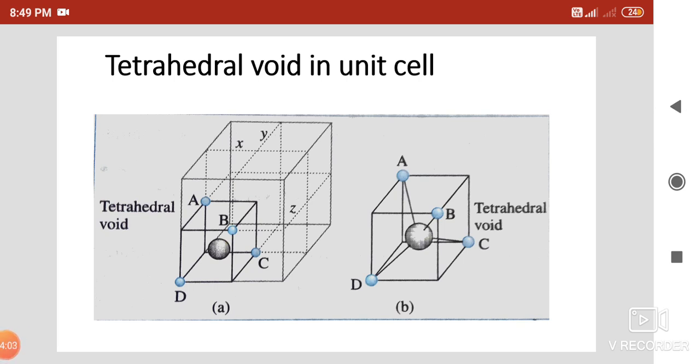You can see in the figure the tetrahedral void in the unit cell. The void is surrounded by four spheres, shown by A, B, C, D, in a tetrahedral manner, so it is called a tetrahedral void.